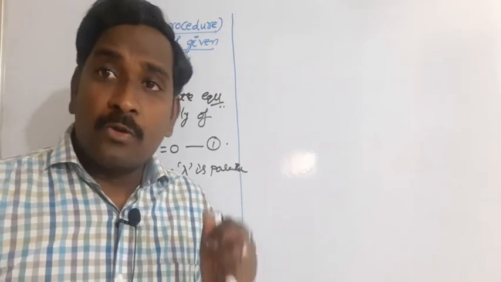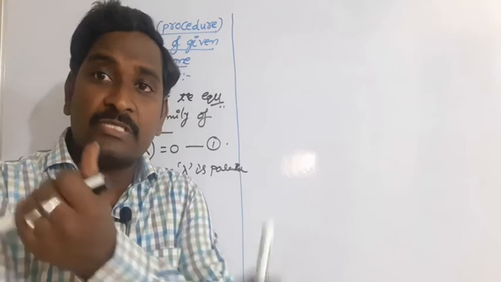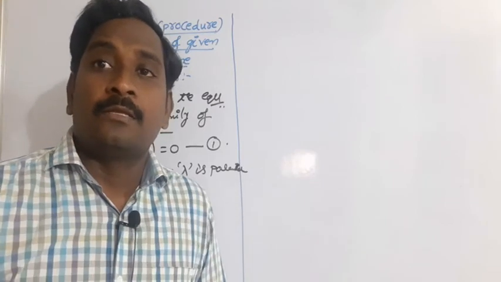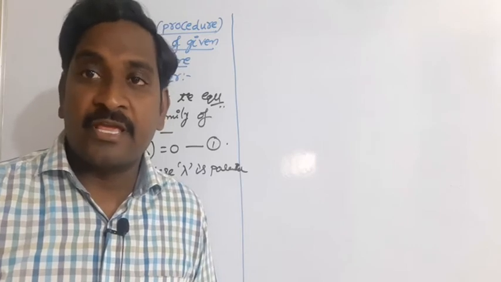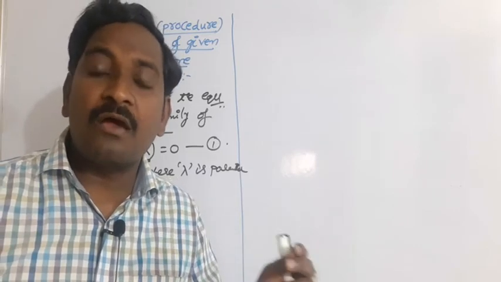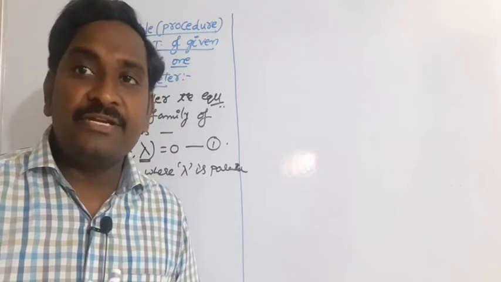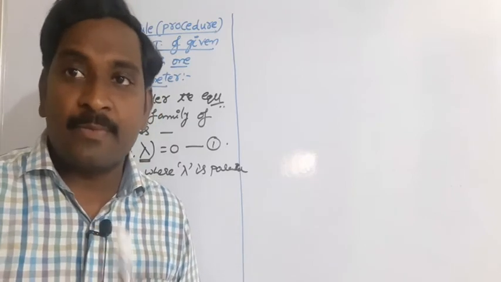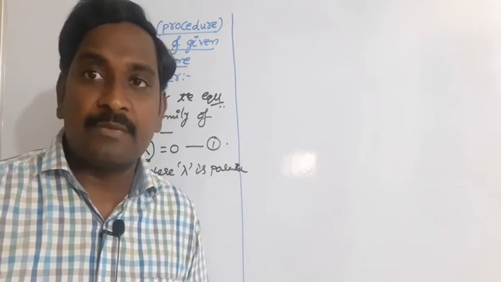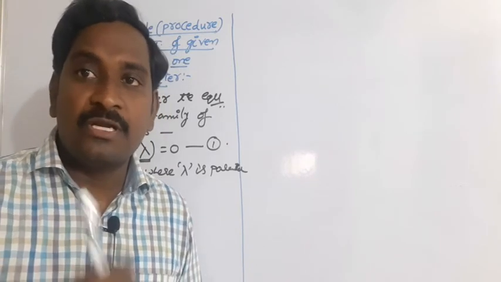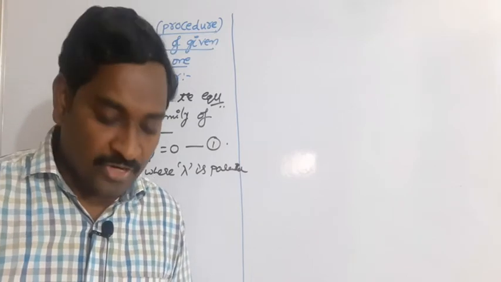If two curves intersect perpendicularly, the product of both slopes is -1. Don't forget it. If m1 is the slope of the first curve and m2 is the slope of the second curve, then m1 into m2 is equal to -1. Please remember that point. Geometrically, the slope of a curve is nothing but dy by dx. So dy by dx gives the slope m1 of the first curve.